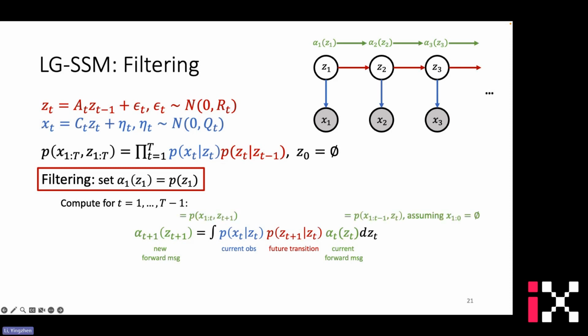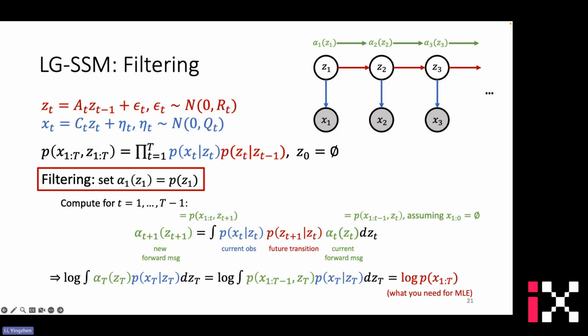There's an interesting result that tells you what exactly these alpha t messages are. In particular, these alpha t messages are the joint distribution for your x up to the current time step t, as well as the next time step's latent variable z t plus 1. Don't worry how we get to this, it is just a matter of fact.